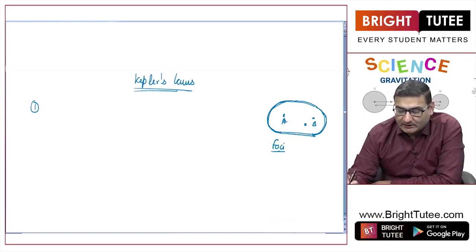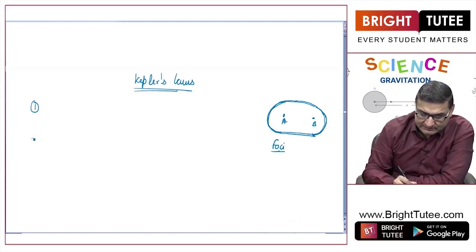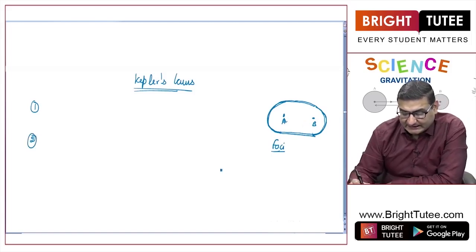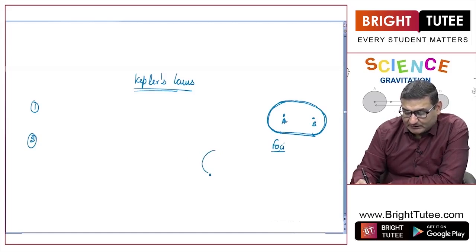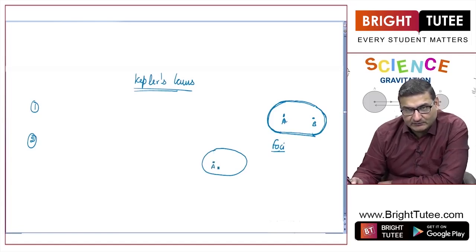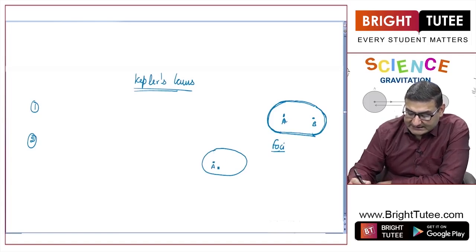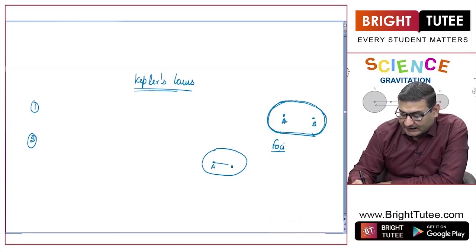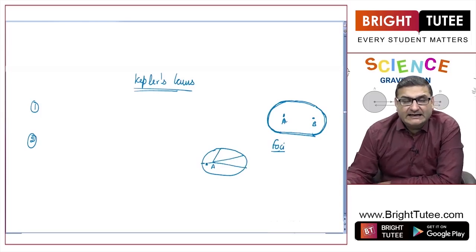Now, in his second law, what Kepler stated was, let us take an example. This is an orbit in which a planet is revolving around the sun. Let us see, the sun is here at point A, this focus. Now, he said that the line joining the planet and the sun sweeps equal areas.